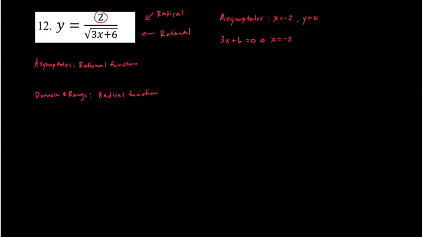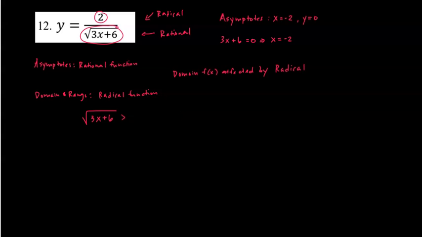Okay, now let's go ahead and figure out the domain. The domain of this function is going to be affected by the fact that it is a radical. The entire denominator has a radical sign with it. So I have to figure out 3x plus 6, and that has to be greater than or equal to 0. Now, it can't equal 0. What happens if it equals 0? If I have the square root of 0 in the denominator, that also makes it undefined.